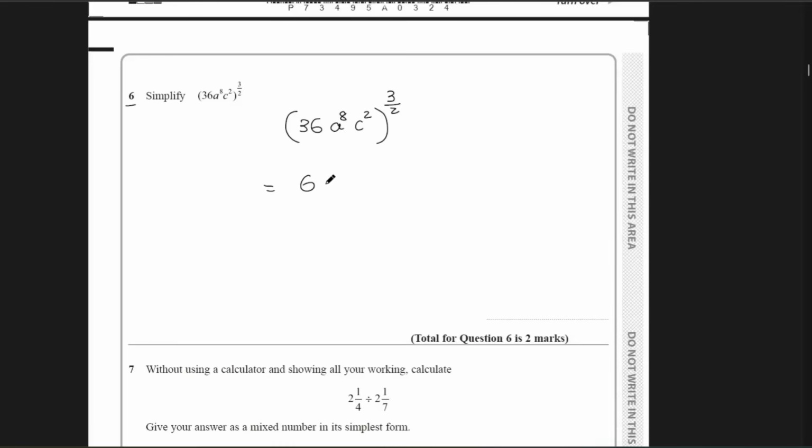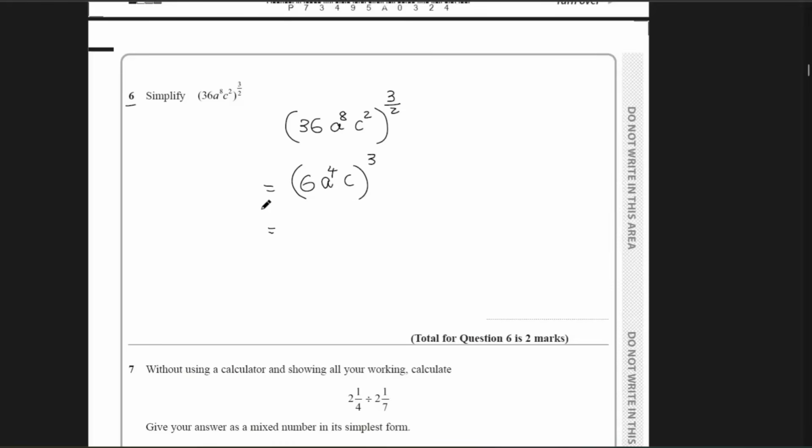If we apply the square root on a to the power 8, that becomes a to the power 8 over 2, which is 4. If we do the same for c squared, that becomes c. So now we don't have to the power half anymore. We only have the bracket to the power 3. From here, we can apply power 3 on all the terms.